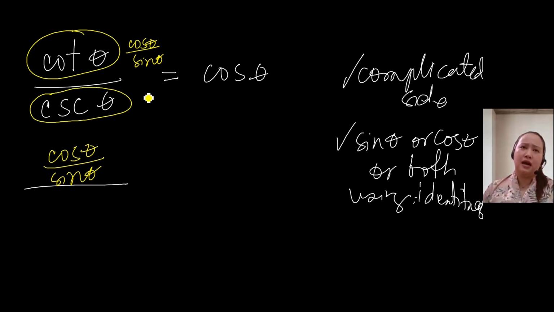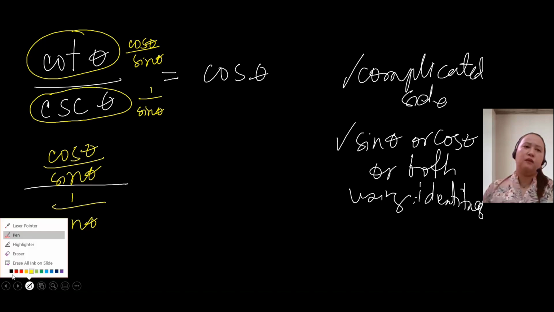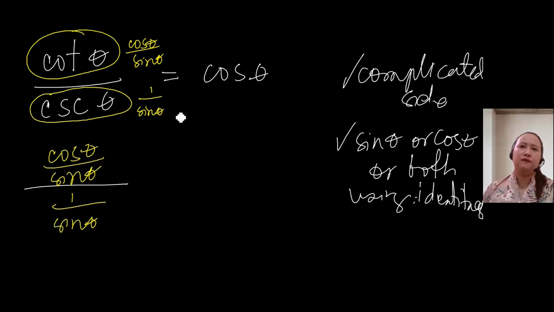So cosecant theta is equivalent to 1 over sine theta. And remember what I told you: you have to show the solution vertically. The equal sign should be on the same line, they should be parallel. And then we have cosine theta on the right.